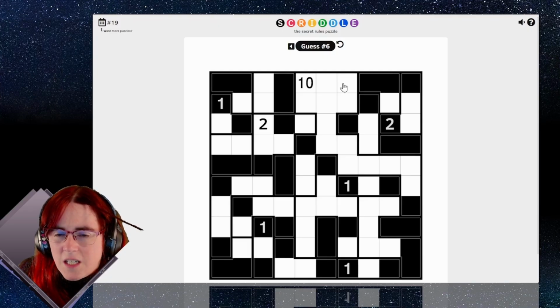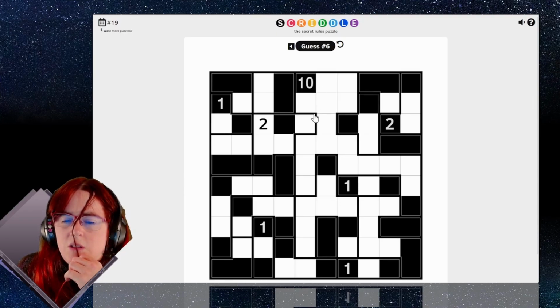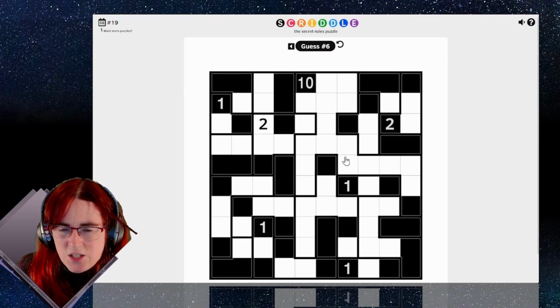So shading either of these, maybe shade that one. I think that meets the requirement and might be the only place that does. So I think that should pass the yellow rule. But oh goodness, how do we pass any of the other rules?